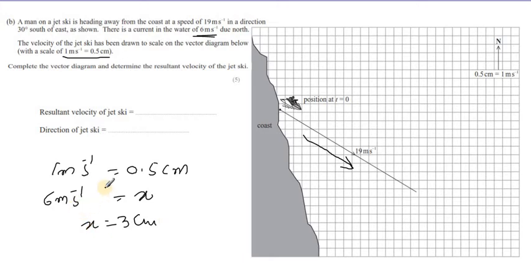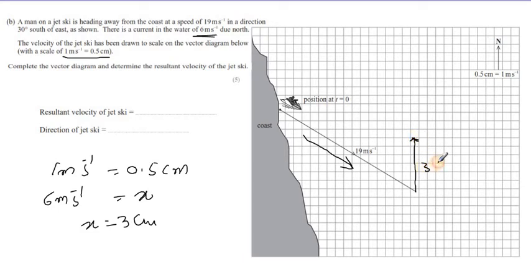So use your ruler and protractor, and draw a vector in the northward direction for the stream of water, 6 meters per second due north. Joining with the head of the first vector, you draw the second vector perpendicularly.